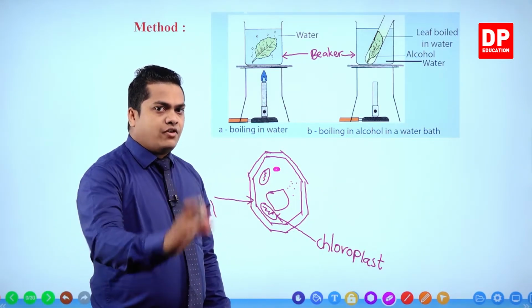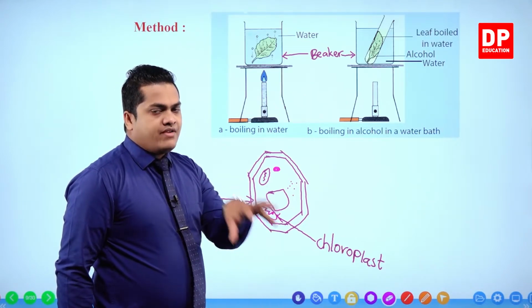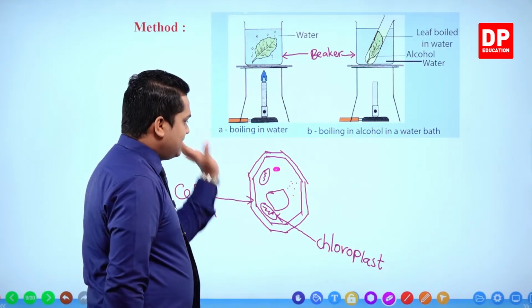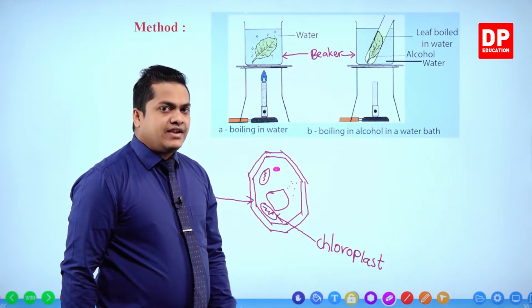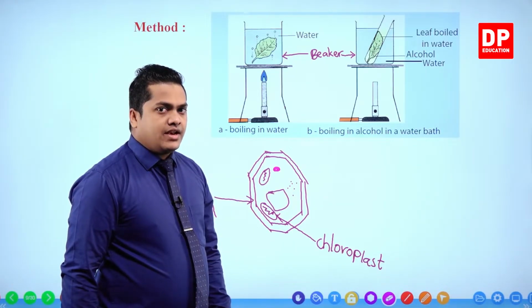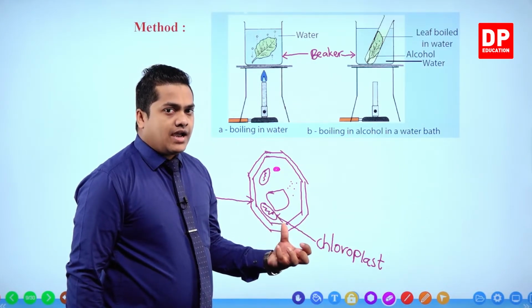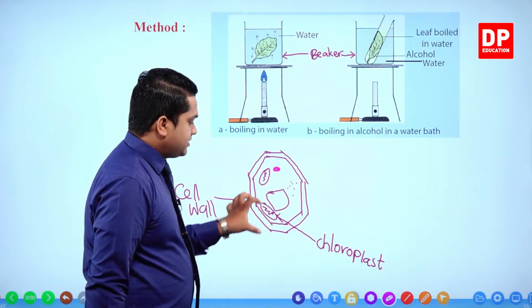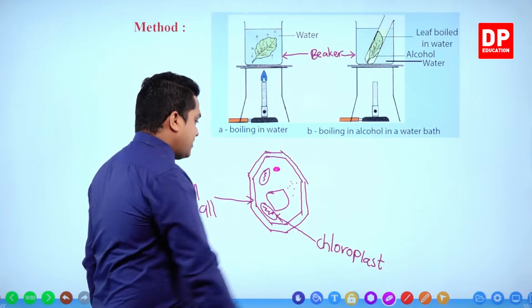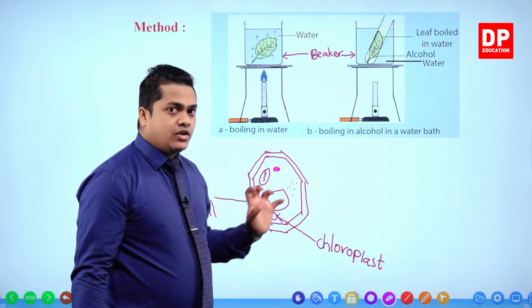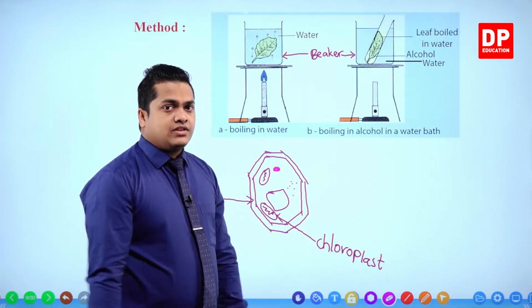So first and foremost, we have to break this cell wall and expose the things inside the cells. That way we can identify these chloroplasts, and we can add whatever we are going to put directly onto the chloroplast. That way we can check whether there is starch or not.